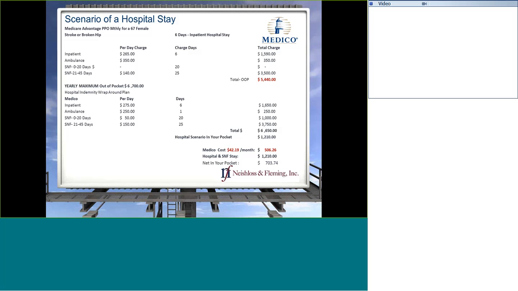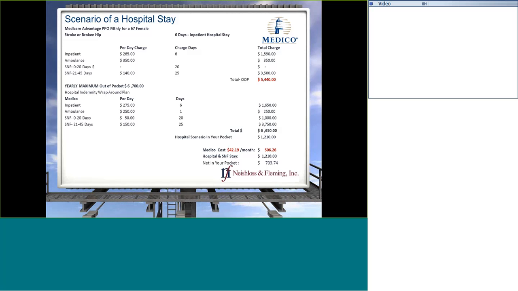They had the ambulance rider at $250 per occurrence, which gives them $250. They added $50 per day of skilled nursing facility coverage, so for those first 20 days in the nursing facility, they net out $1,000 in benefits. For the next 25 days, days 21 through 45, they had purchased $150 worth of coverage. That would pay them out over $3,700.